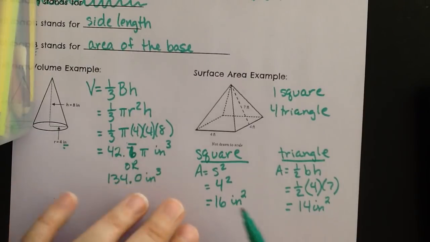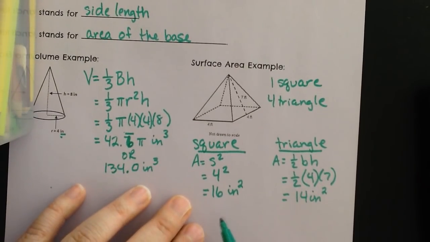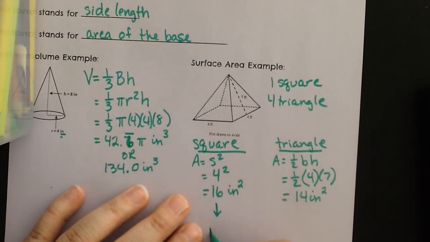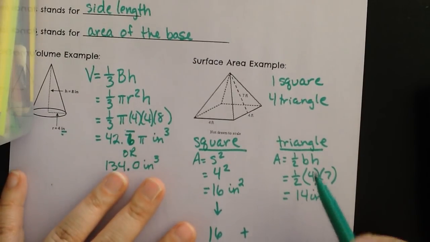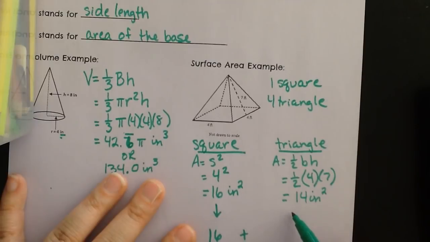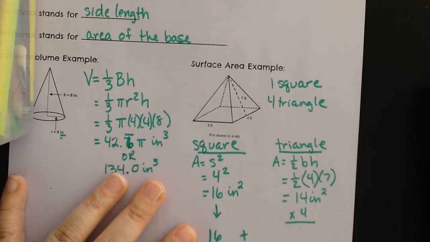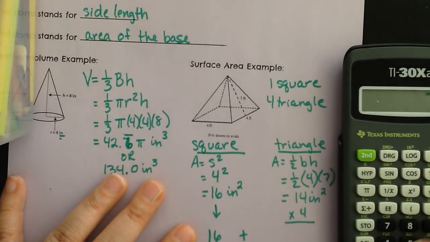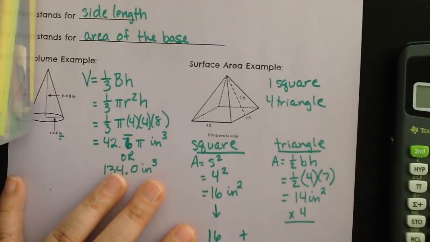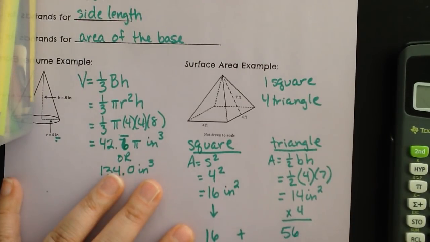Now, we have 1 square, so I'm just going to bring down my 16. And I'm going to add it to my triangles. But I have 4 triangles, so I'm going to have to multiply this by 4 to get my entire area for the triangles. So 14 times 4 is 56.